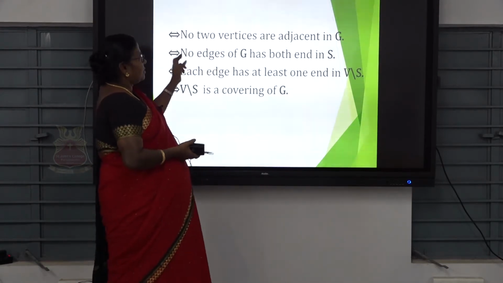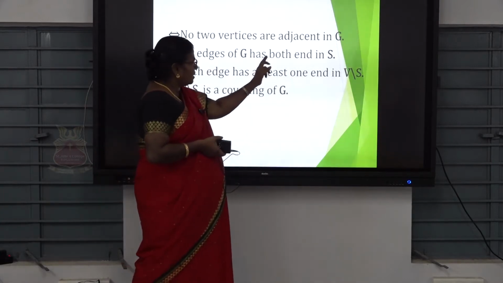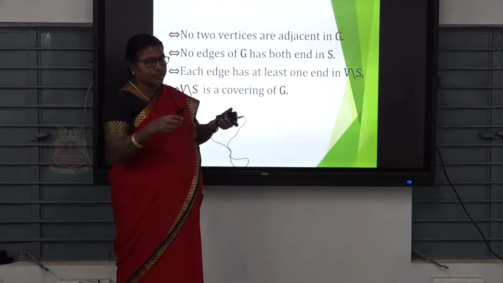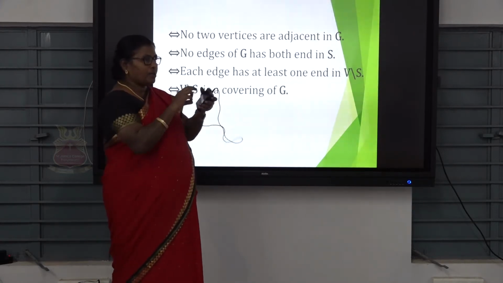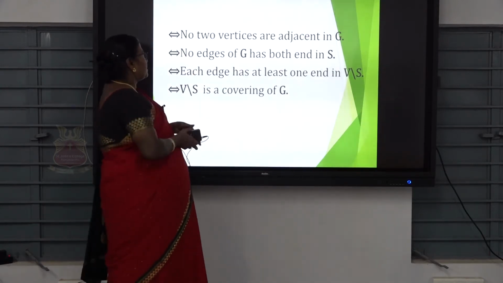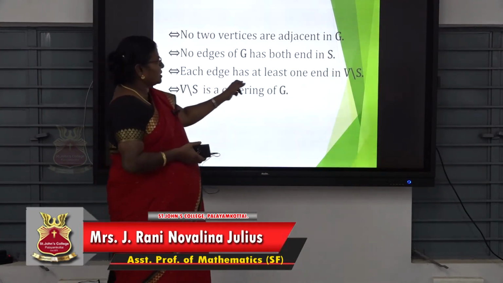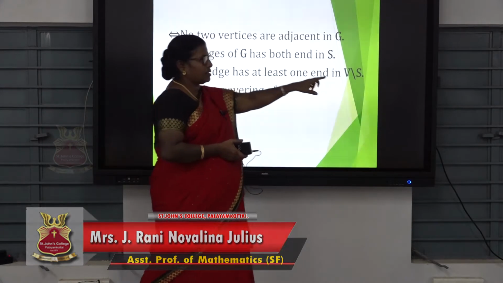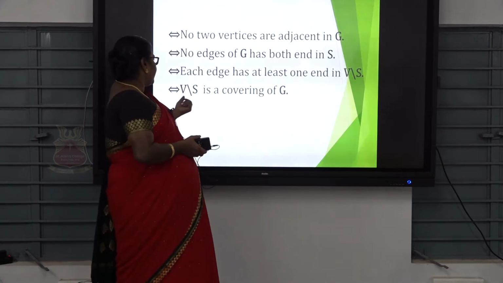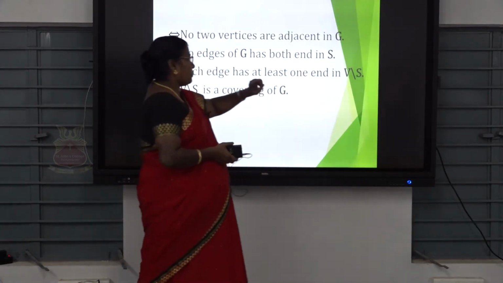That means since the vertices are not adjacent, no edge of G has both ends in S. We don't have adjacent vertices, so both ends of an edge will not be in the set S. So this is if and only if each edge has at least one end in V minus S. Since we do not have both ends in S, we have at least one end in V minus S. Understood?